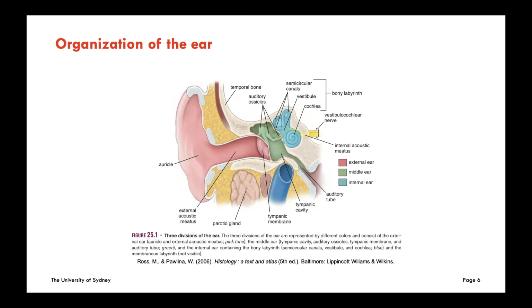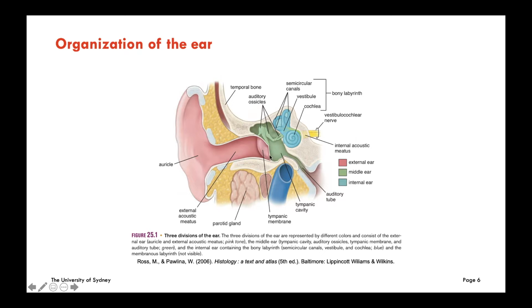This slide reminds us of the organization of the ear, whereby we have the external ear from the auricle through the external auditory canal, and we have the tympanic membrane separating the external ear from the middle ear. The main function of the external ear is channeling the sounds from the external environment into the tympanic membrane, where the sound waves are amplified further.